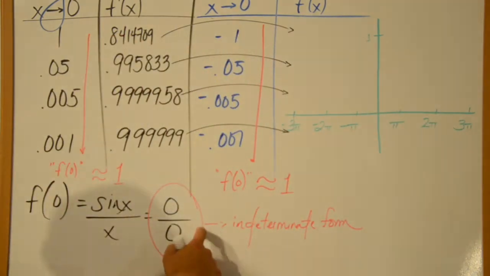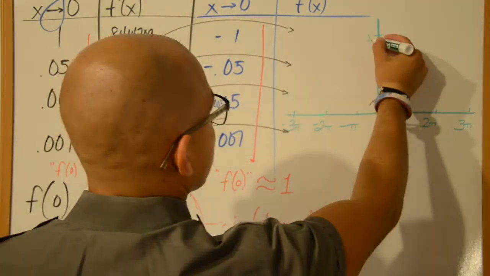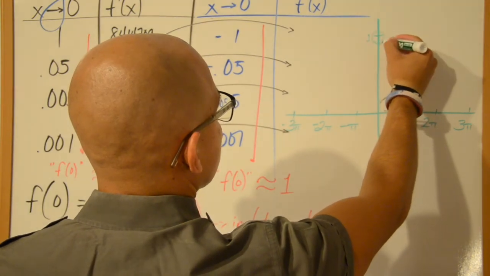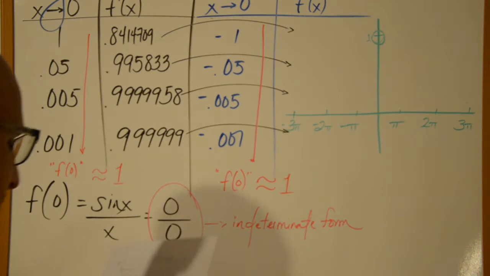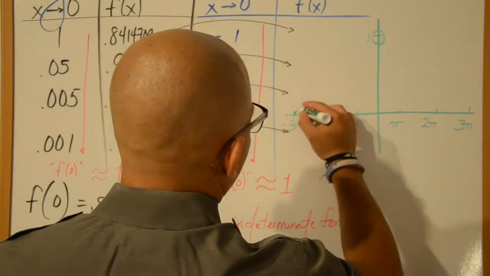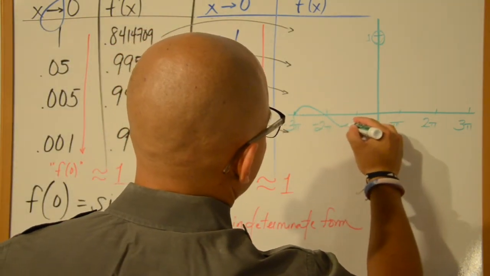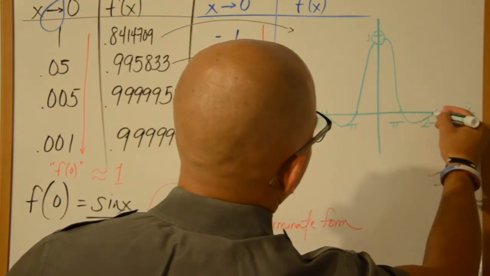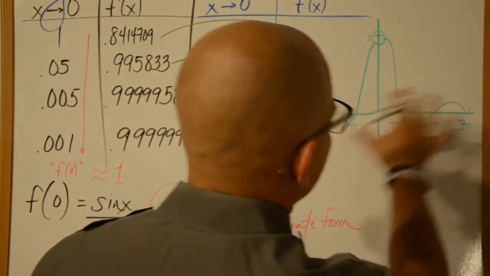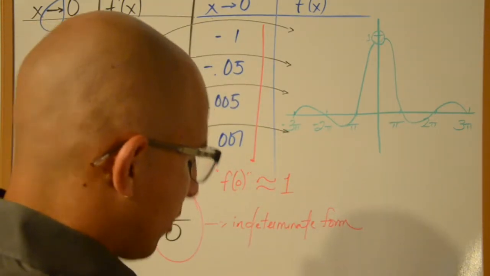So once again, we know that this value is undefined, so let's put a hole here, okay, at f of 0, and our function is behaving something similar to this. So symmetrical, as far as my Vincent van Gogh skills go.